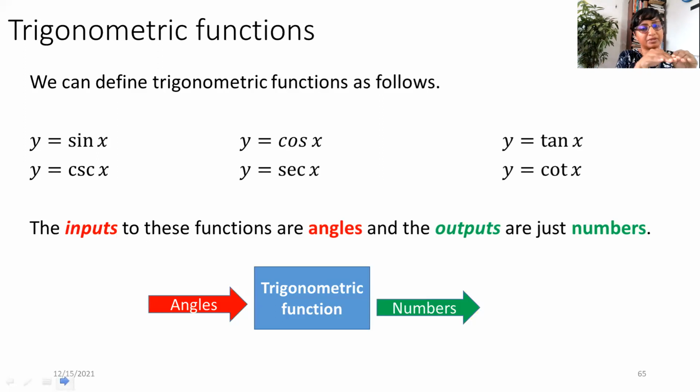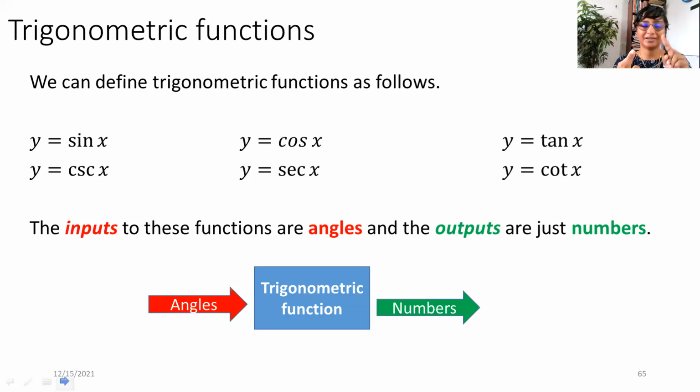And the bottom 3 are just the reciprocals of sine, cos, tan. 1 over sine is cosec, 1 over cos is sec, 1 over tan is cot. So these are called trigonometric functions. You remember functions? The input and output, x is the input, y is the output. Your input is an angle. You put in an angle, and a number comes out.